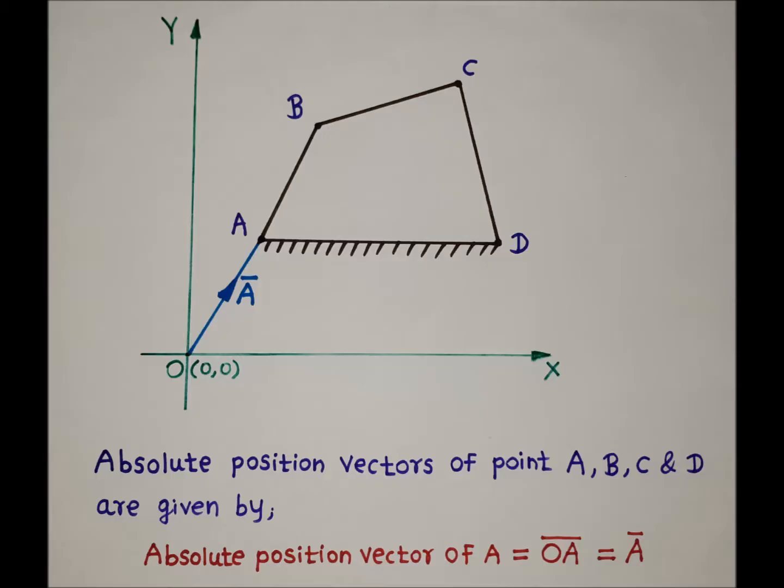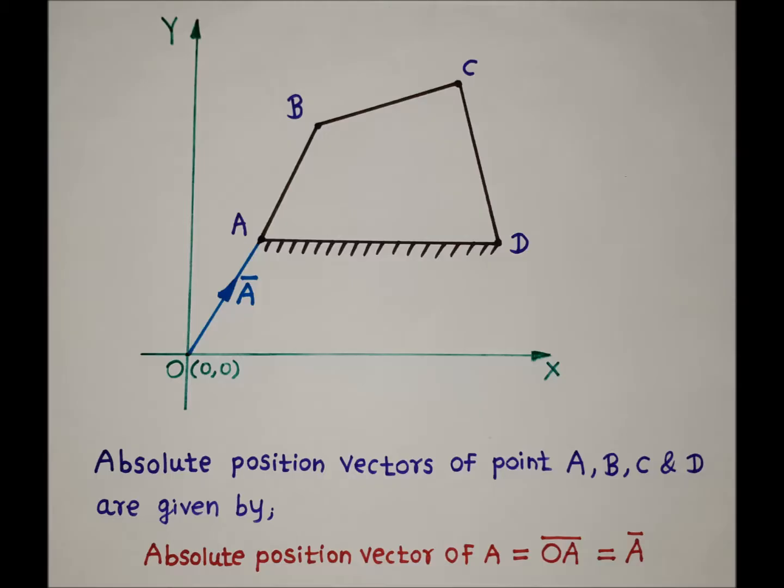On screen we can notice the absolute position vector for point A is shown, and it is OA bar. The arrow is directed towards point A. As it is an absolute position vector, it is giving the position of A relative to the origin. So we can write OA bar vector as just A bar.